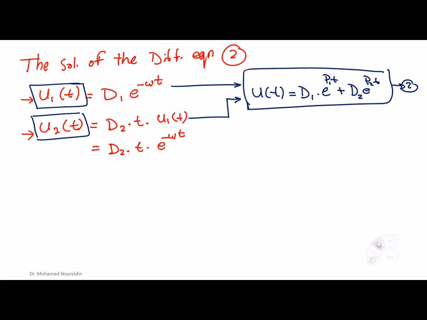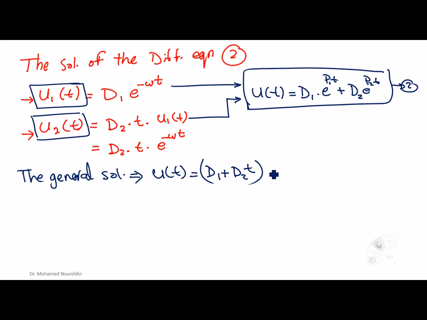Based on that, we are going to say that the general solution is going to be, for our case, u of t equal to d1 plus d2 t times e to minus omega t.